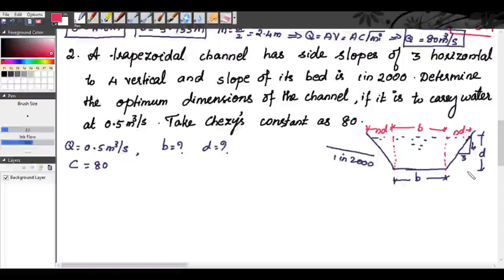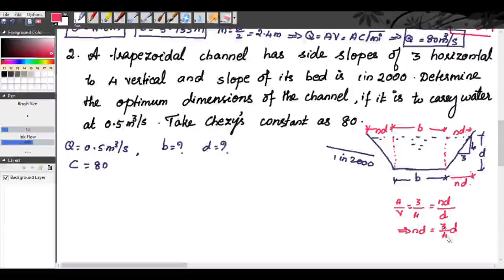So this ND, how will we find ND? We know horizontal by vertical is equal to, horizontal is given as 3, vertical is given as 4. So horizontal is ND and the vertical is D. So from which we get ND is equal to 3 by 4 D. So that is what we needed, right?